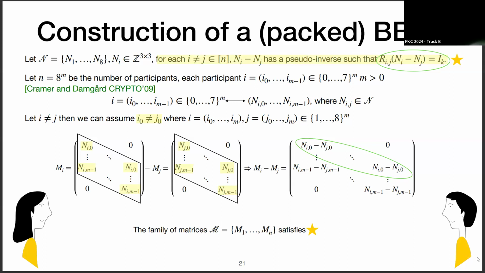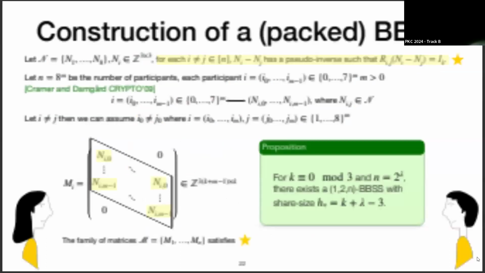And in particular, these elements are differences from the family capital N that satisfy the pseudo-inverse property. And that's why we can say that the bigger family of matrices M1 to Mn also satisfies the pseudo-inverse property. Of course, all the details of this process can be found in the paper. So this is the idea.